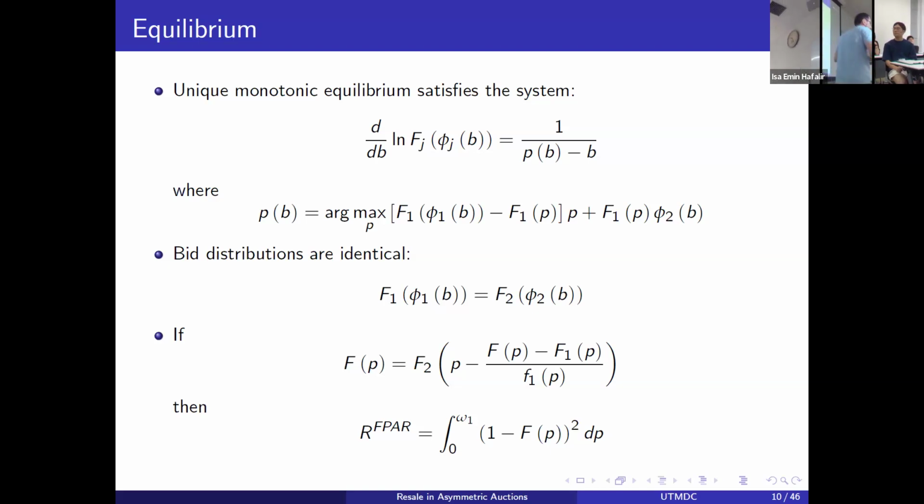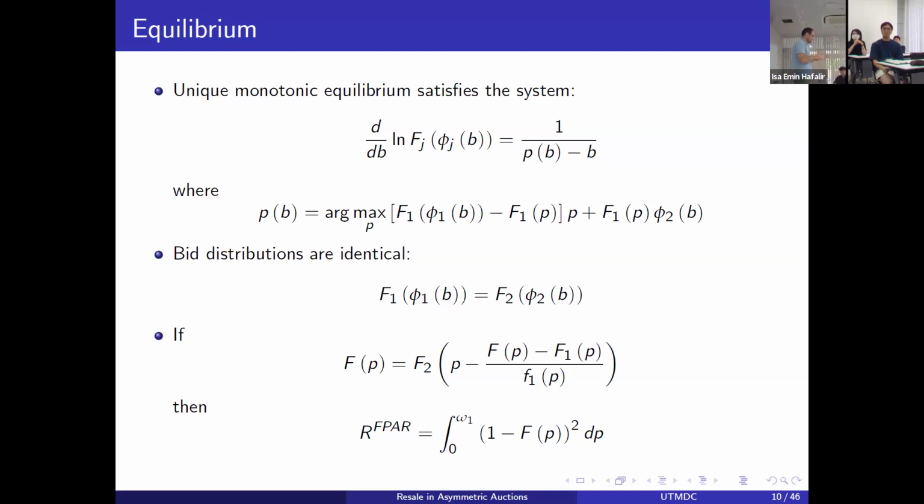Sorry, could you define the strategy again? I'm going to do that in the next slide. Basically, since this is a two-stage game, the strategy should be defined as my behavior in the first stage and in the resale stage.